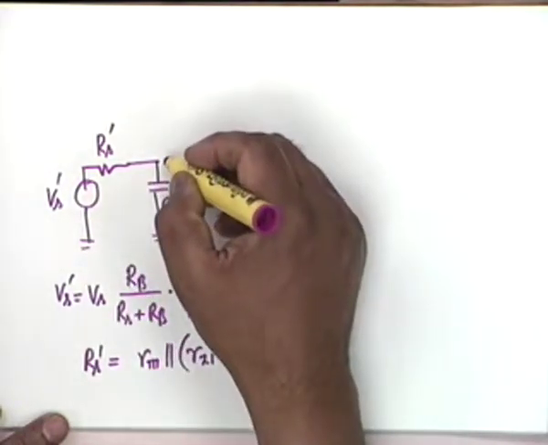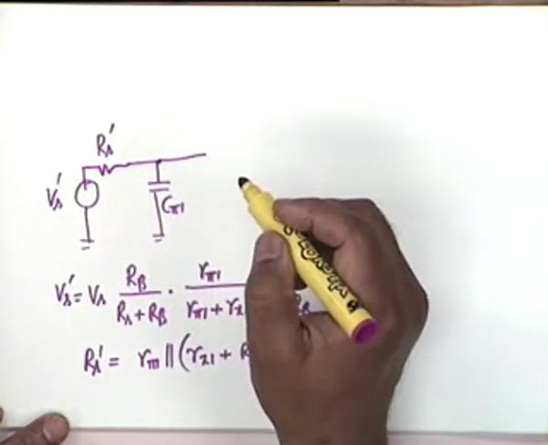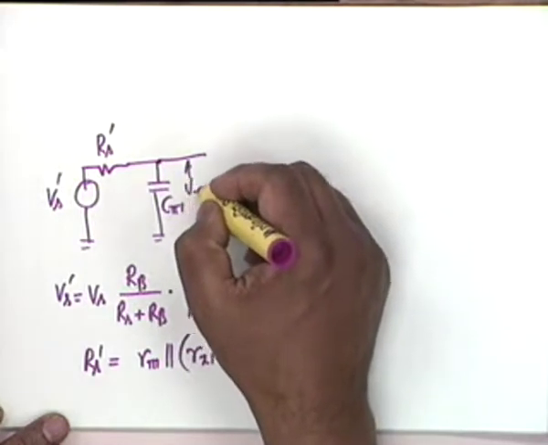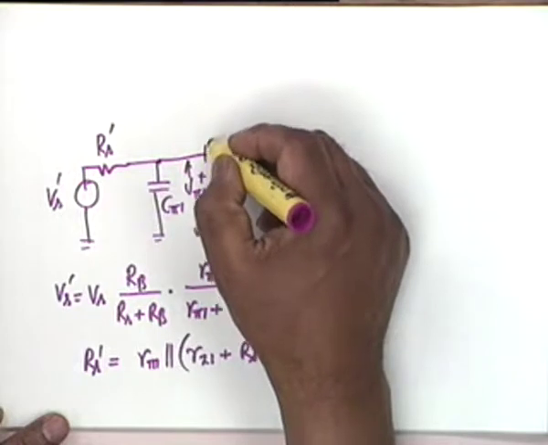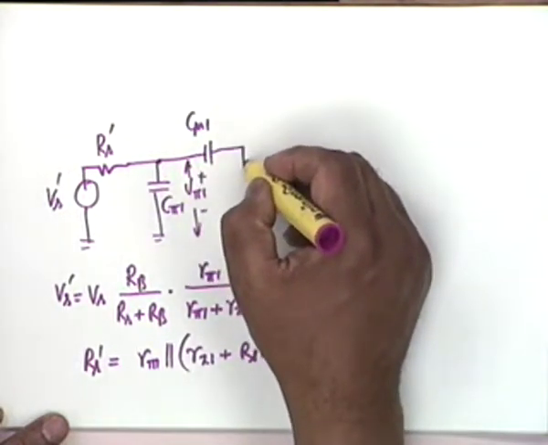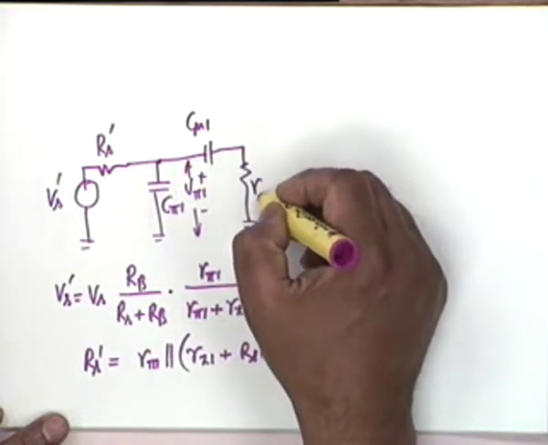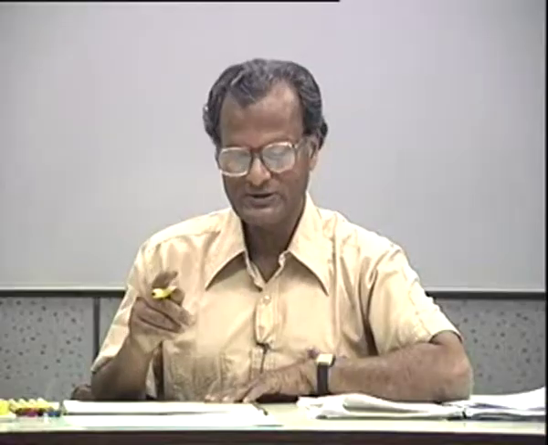The voltage across C pi 1 would still be V pi 1. Agreed. Then I have the C mu 1, and I have an equivalent resistance of Re2. Re2 is the parallel combination of R01, R pi 2 and 1 by GM2.